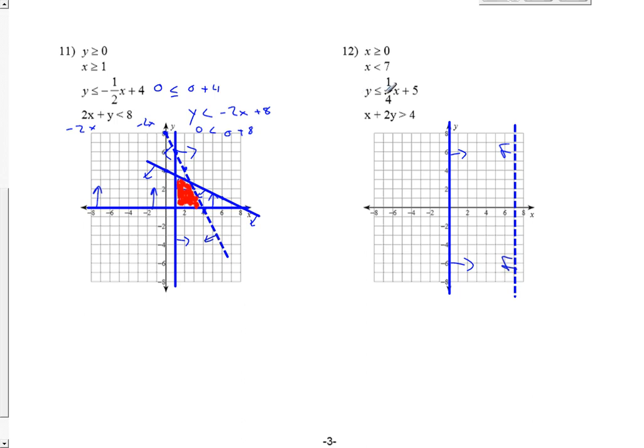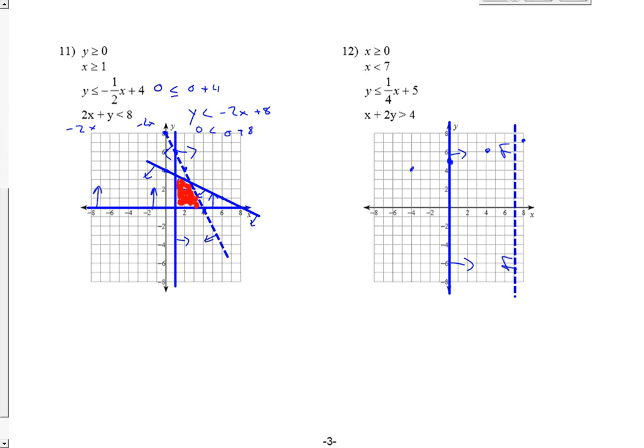Now I have y is less than or equal to 1/4 x plus 5. So I'm going to go up to 5, plot my y-intercept. 1/4 means up 1 and to the right 4. Up 1, 1, 2, 3, 4. Down 1 over 4.